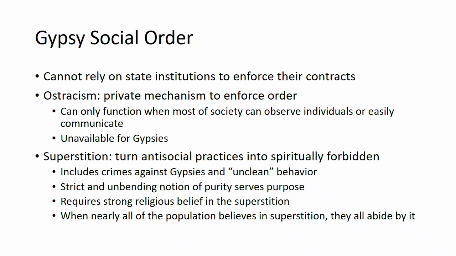They also can't rely on ostracism to punish someone who breaks these rules. When there's a large fraction of society's members who can closely and easily observe rule breakers and communicate with each other on who broke the rules, ostracism works.